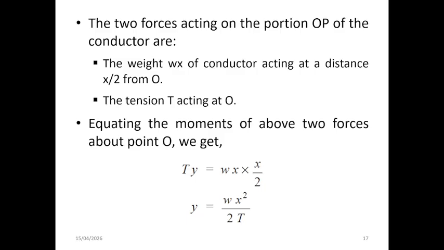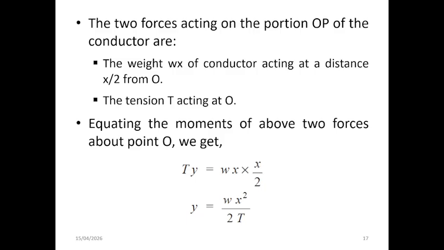Okay, this slide also explains the forces acting on a portion of the conductor between points O and P. There are two main forces to consider. First, the weight of the conductor over the length OP, which is equal to W times X, acts vertically downward.